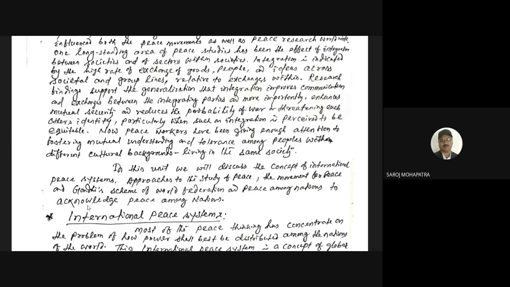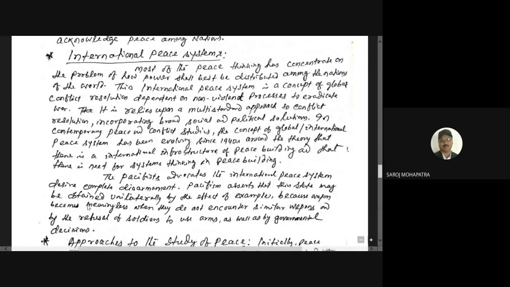So, in each unit, I have focused on the particular essence of the topic, peace among nations. Similarly, the other topics.